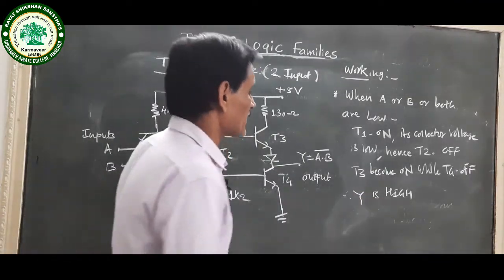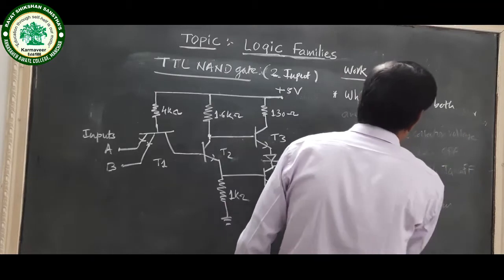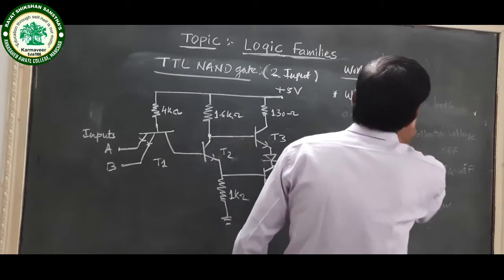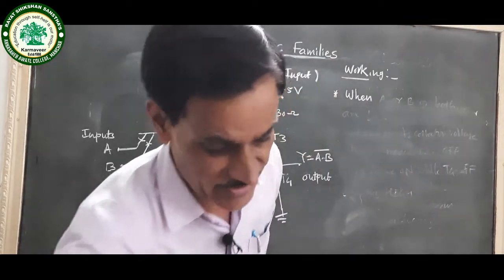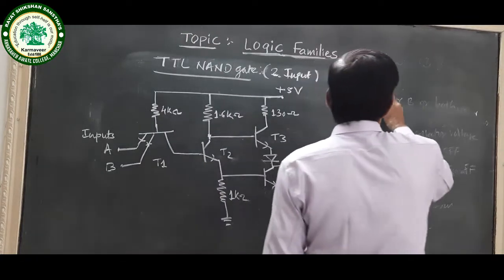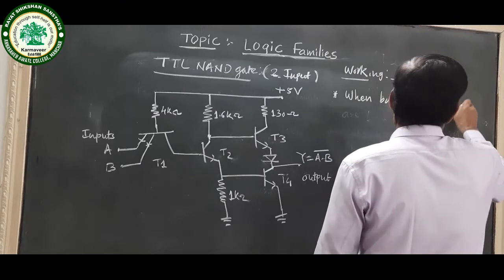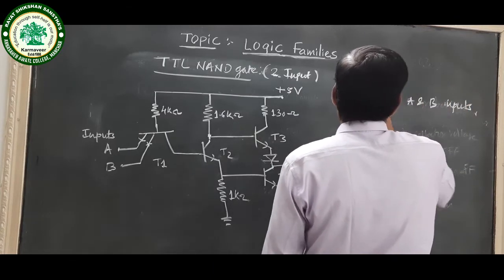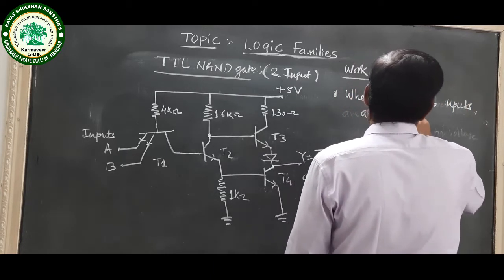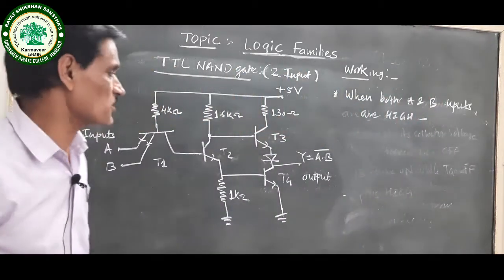Similarly, I will take into account the last case, when both A and B are high. What happens under this situation?